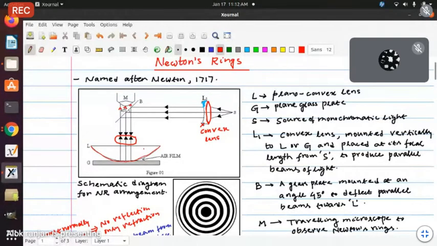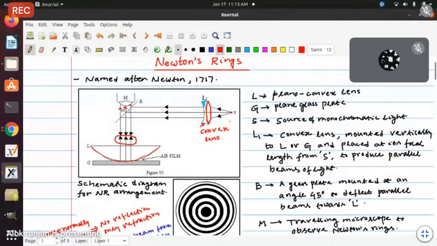Okay, and then in order to get interference, what do we have to do? We need to make coherent sources of light incident. Therefore, a monochromatic source of light could be used as a coherent source, because we have a single frequency or single wavelength.